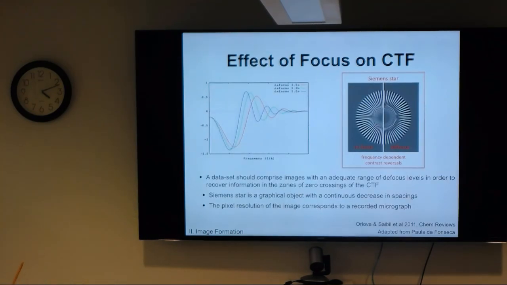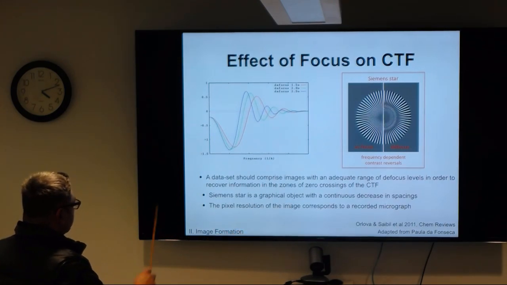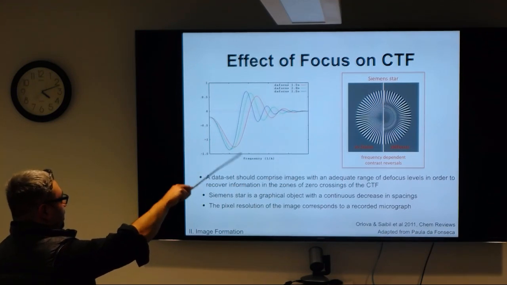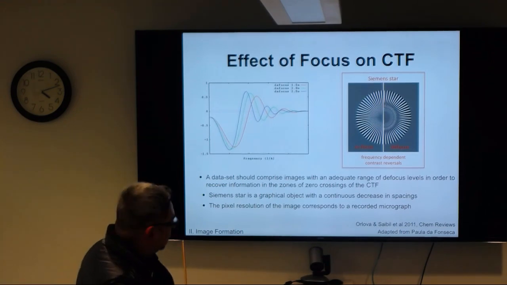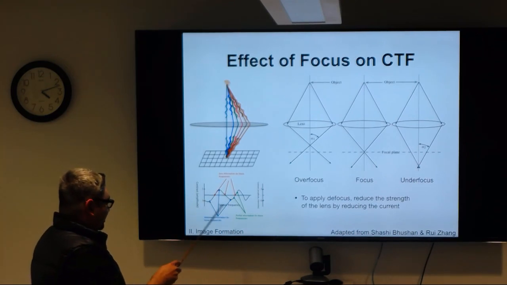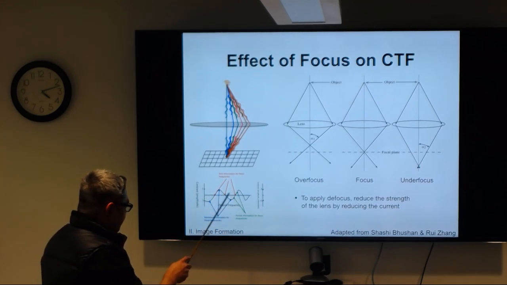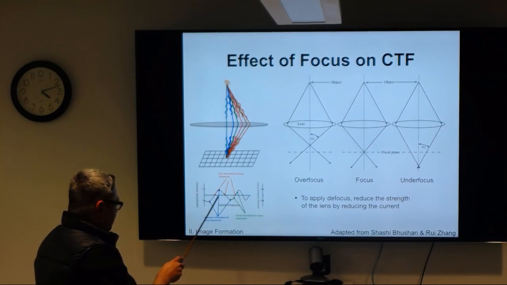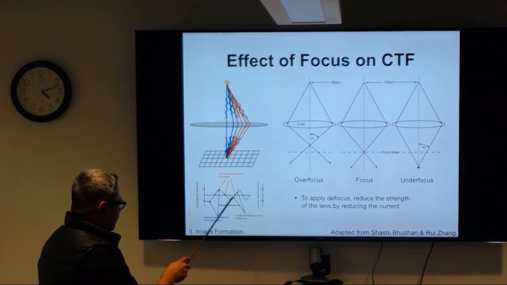Going back to what we talked about earlier, this is a great review. We have this contrast transfer function at different defocuses. Again, this is the max information, at the point where it hits the spatial frequency of 0. We get the 0 information right here and right here.